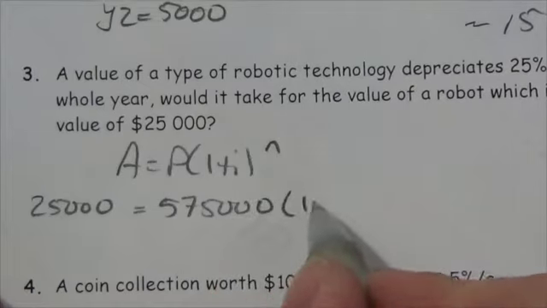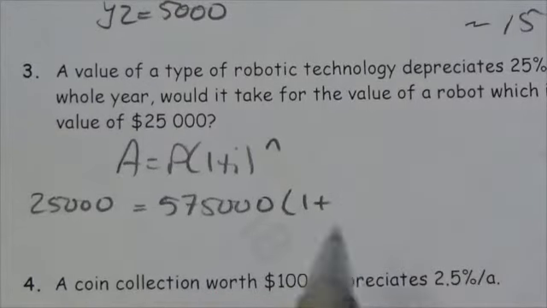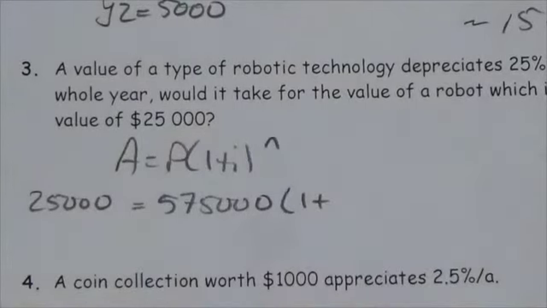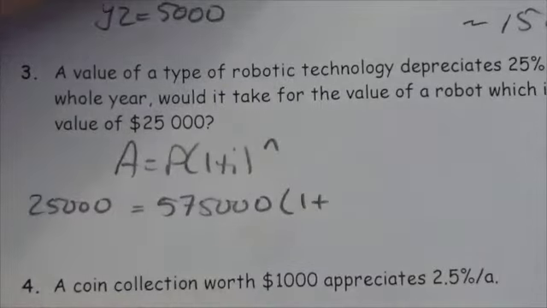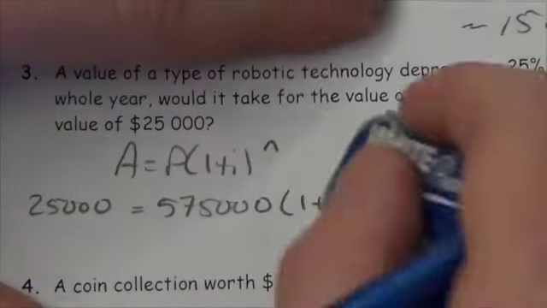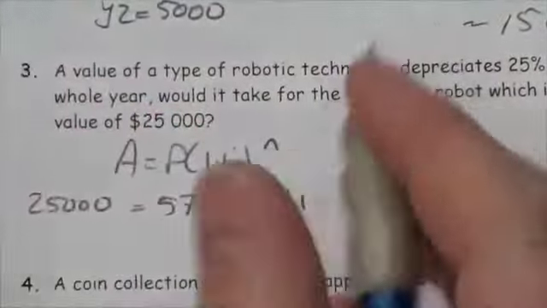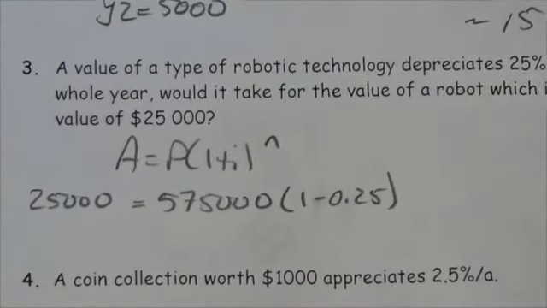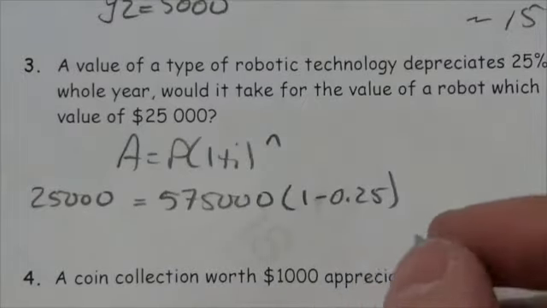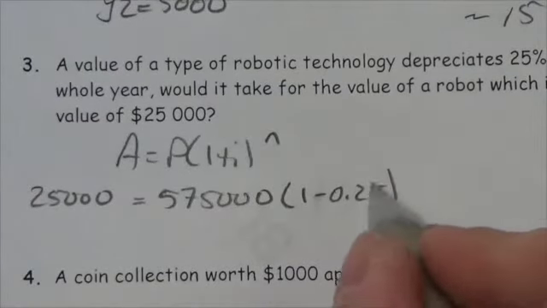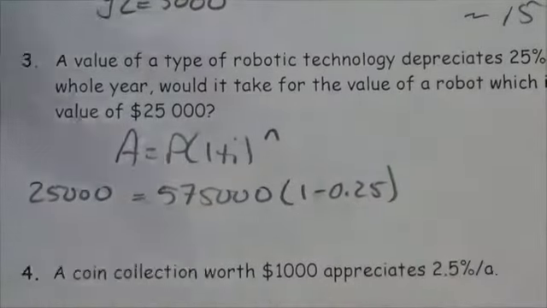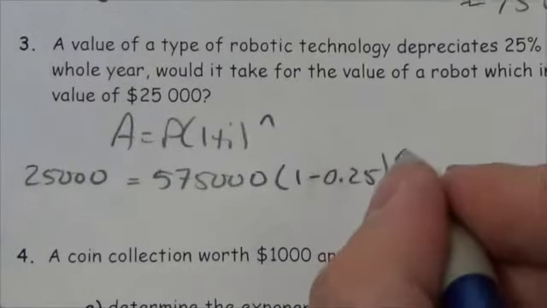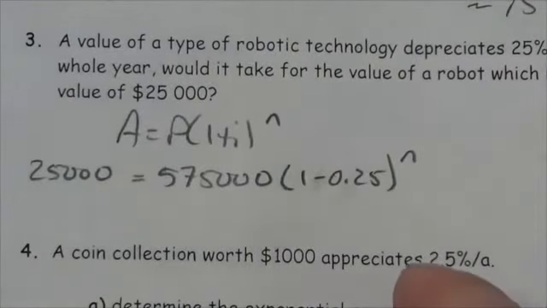Now, this question is really more about using this compound interest equation, the base here, because if it's depreciating by 25% per year, then really what's happening is we are losing that 25% per year. So that we got a negative 0.25 there. Now, we're assuming this is happening per year, so n is going to end up being the number of years.